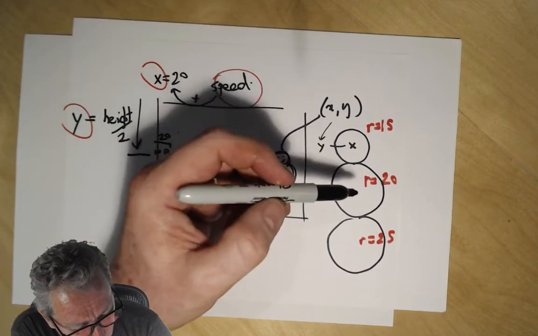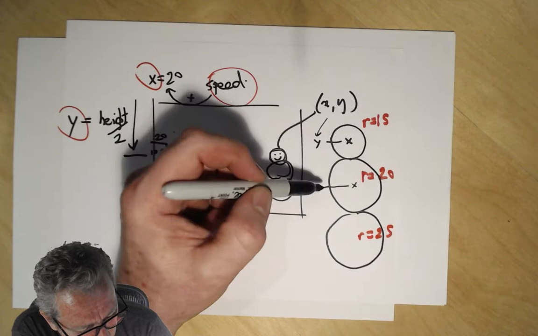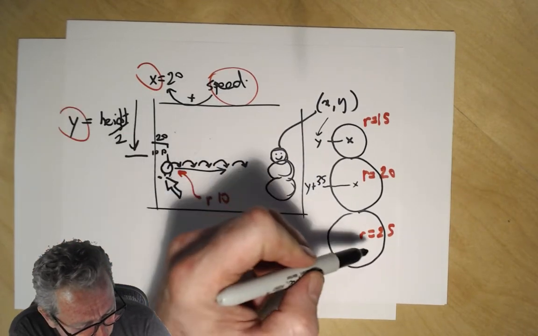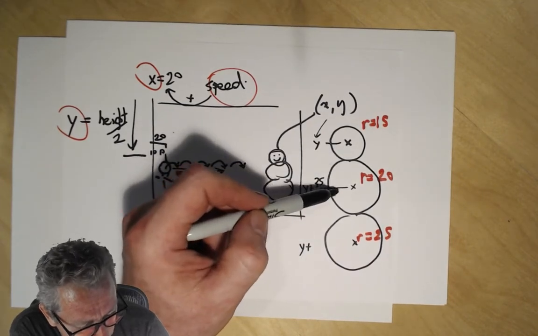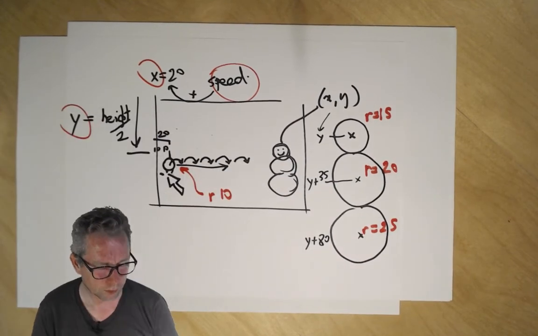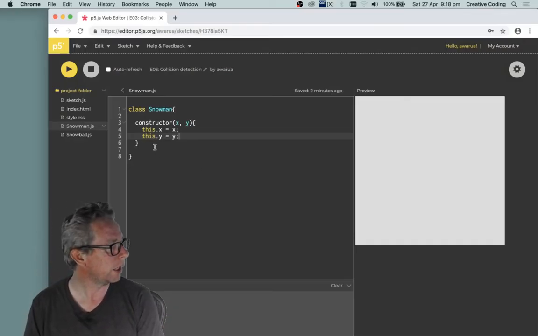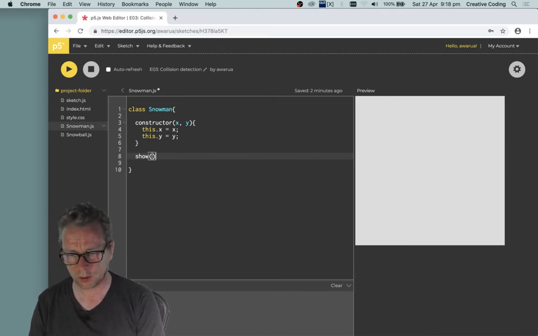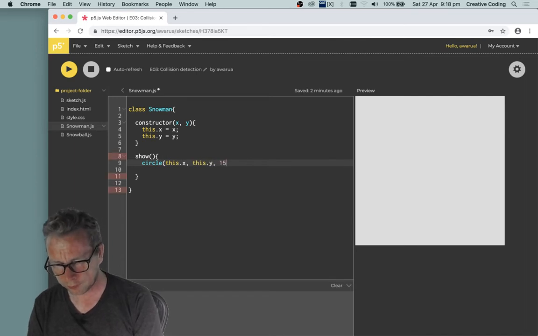The center of this circle is going to be Y plus 15 plus 20, 35. And the Y of this last one is going to be Y plus 35 plus 20 plus 25, which is 80. So if I go back to the screen, I can say show circle this.x, this.y, and 15 for the head.